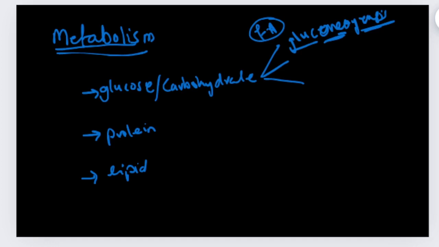Another is glycogenesis, when you start forming glycogen. And how will it form? It will form by insulin. I will explain. And the third one is glycogenolysis.